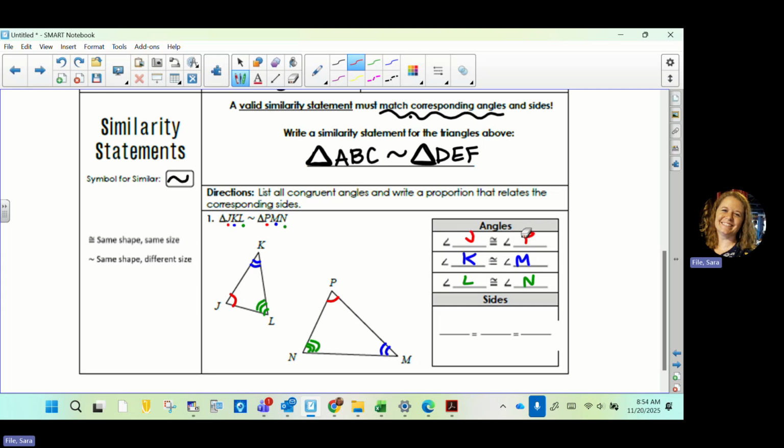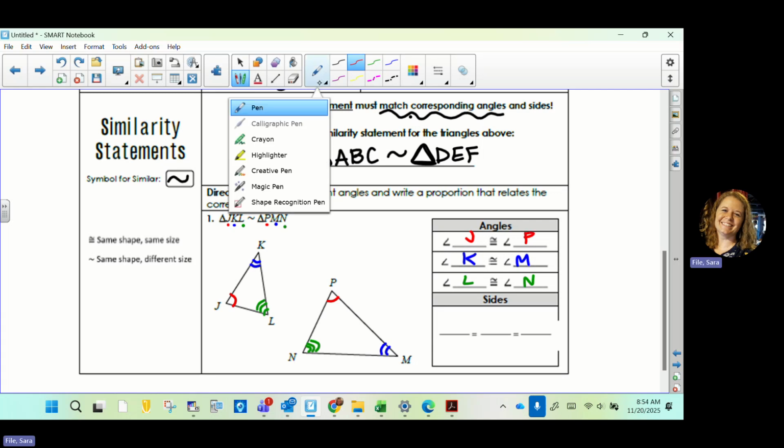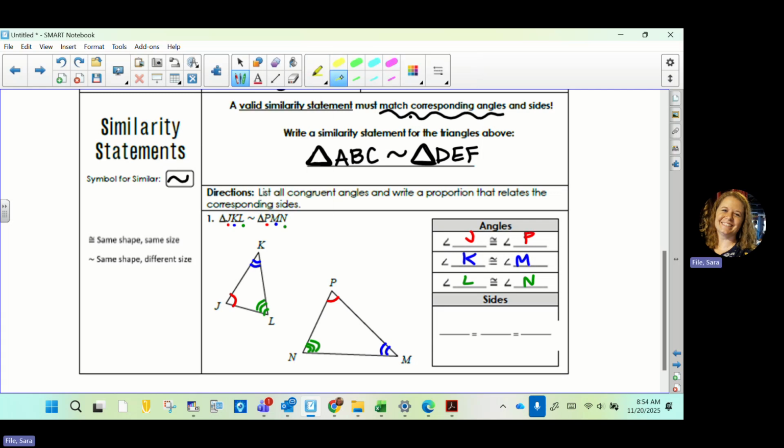Now the side lengths, I have to do those corresponding sides. If you need to highlight, you can highlight, or you can just say red to blue. Red to blue. So that would be JK to PM. Those are the corresponding sides.